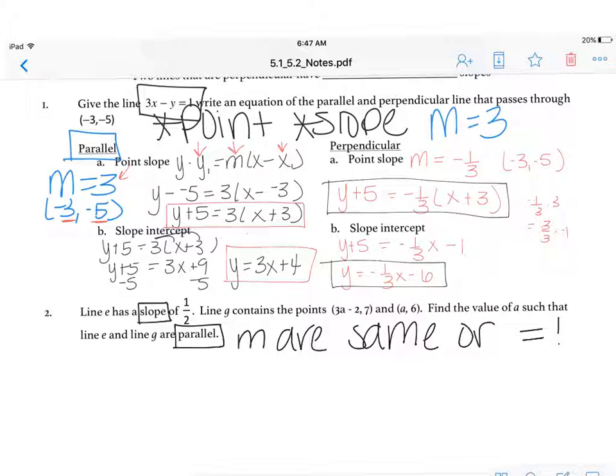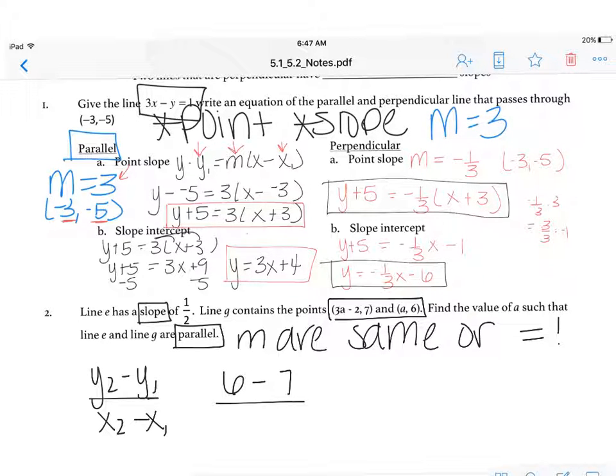So if the slope of G has these 2 points, remember, in order to find slope, you take y2 minus y1 over x2 minus x1. So we're going to do that same thing here with the line G. We're going to take y2, so we're going to say 6 minus 7 over a minus (3a minus 2).